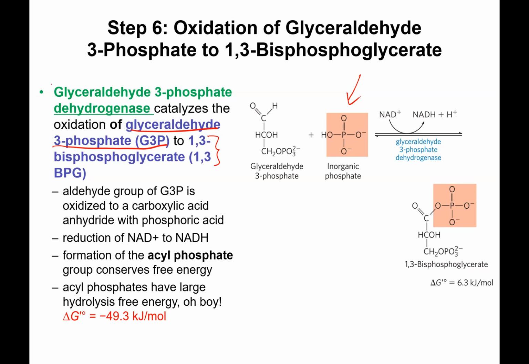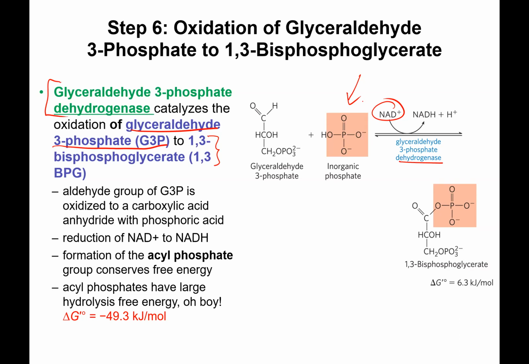The enzyme itself is called G3P or glyceraldehyde 3-phosphate dehydrogenase. The dehydrogenase is a big clue that we're involved in a redox reaction. We are oxidizing glyceraldehyde 3-phosphate and we are reducing NAD+.